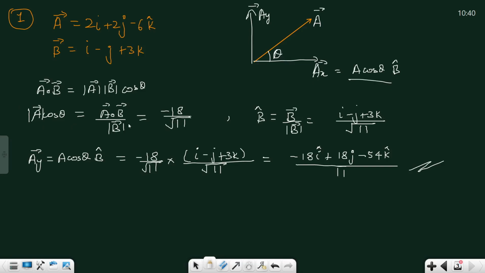Then you just multiply it with the B unit vector, so you get AX as A cos theta into the unit vector of B. So this is the final answer. Clear? Okay, just note it down.